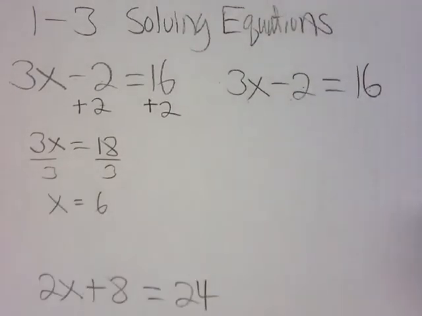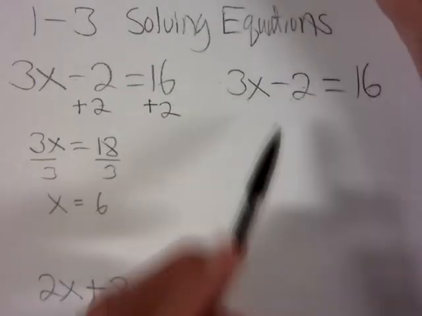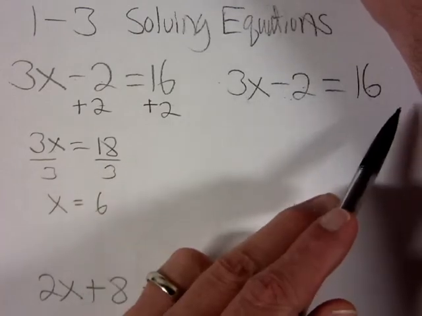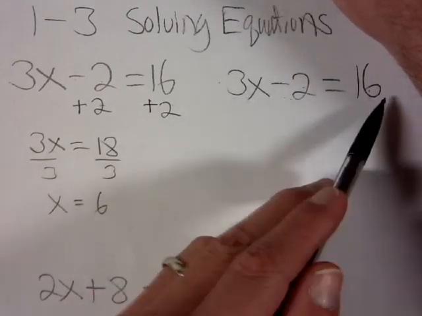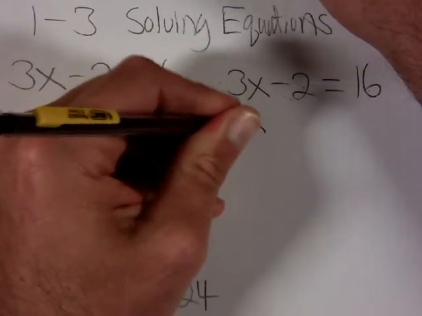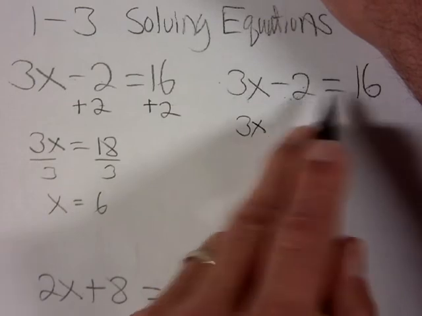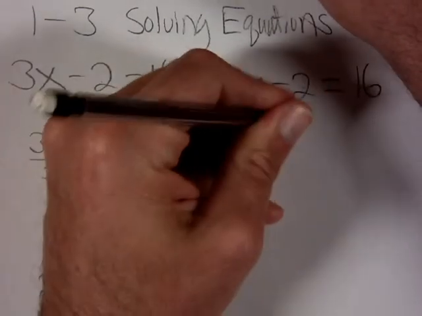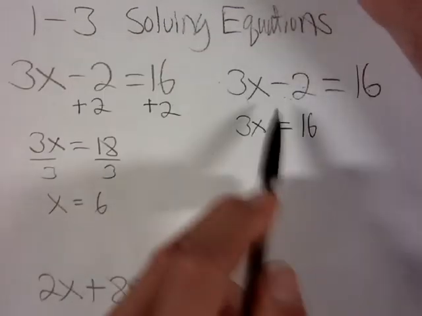Now, here's the alternate method. In an equation, you can take a term and move it to the other side of the equation as long as you change the sign. For example, if I'm trying to solve for x, I need all the other terms on the other side of the equation. So I need to move this 2 to the other side. When I do, it's going to look like this. 3x, remember, we're picking up the 2 and moving it to the other side, equals what was already here, 16, and then what's going to come behind it, 2.